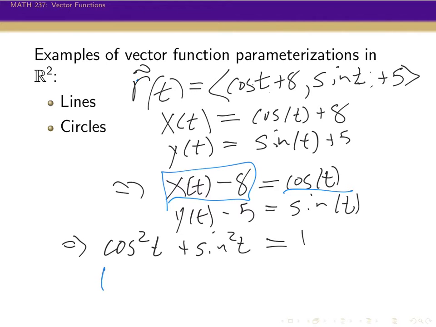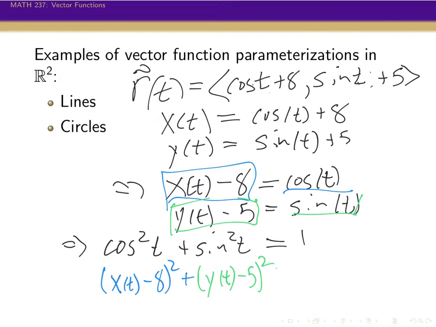Cosine squared is my x-coordinate minus 8 squared, plus sine squared, which is y of t minus 5 squared, equal to 1.